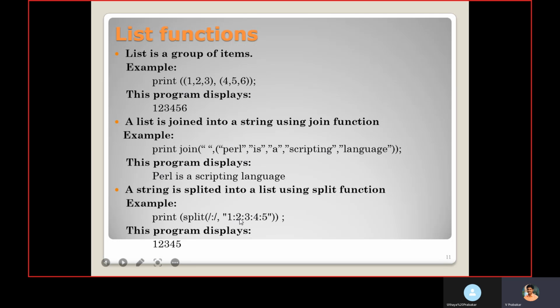Between the letters of the given string, we are using this colon. Inside this forward slash, I am mentioning colon. So wherever colon is present in the given string, it will split. The remaining it will display using this print. So you will get 1, 2, 3, 4, 5. Instead of this, assume that I am using comma, 1, 2, 3, 4, 5.